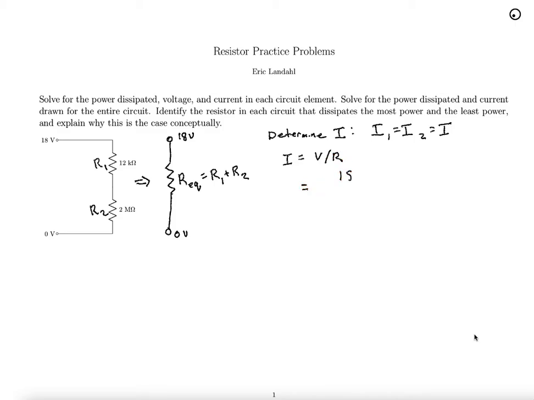So 18 volts over our equivalent, which is 2.012 mega ohm. Simply adding 12 kilo ohm and 2 mega ohm. Now I need to grab my calculator.